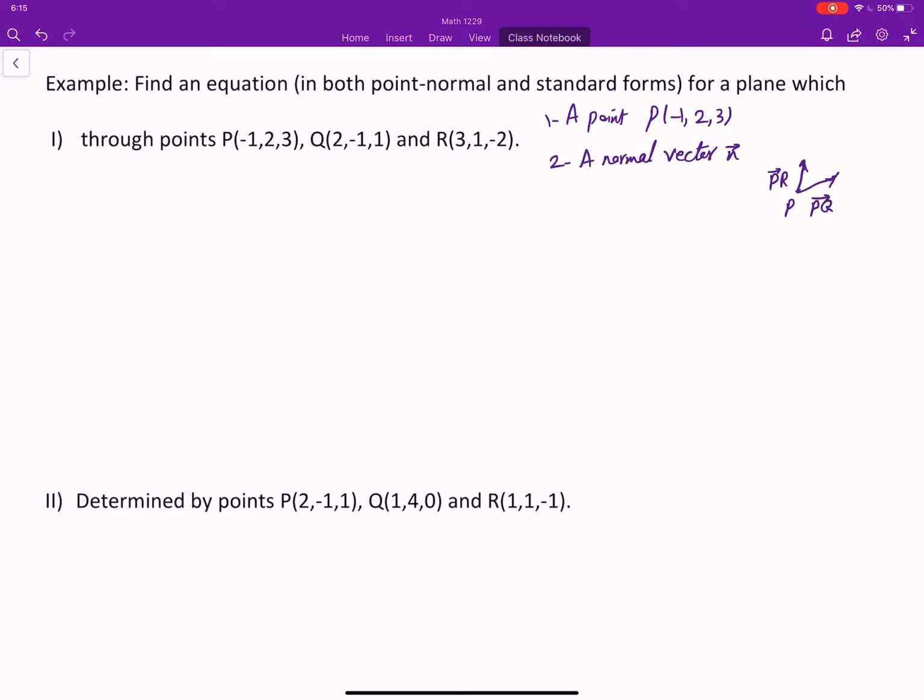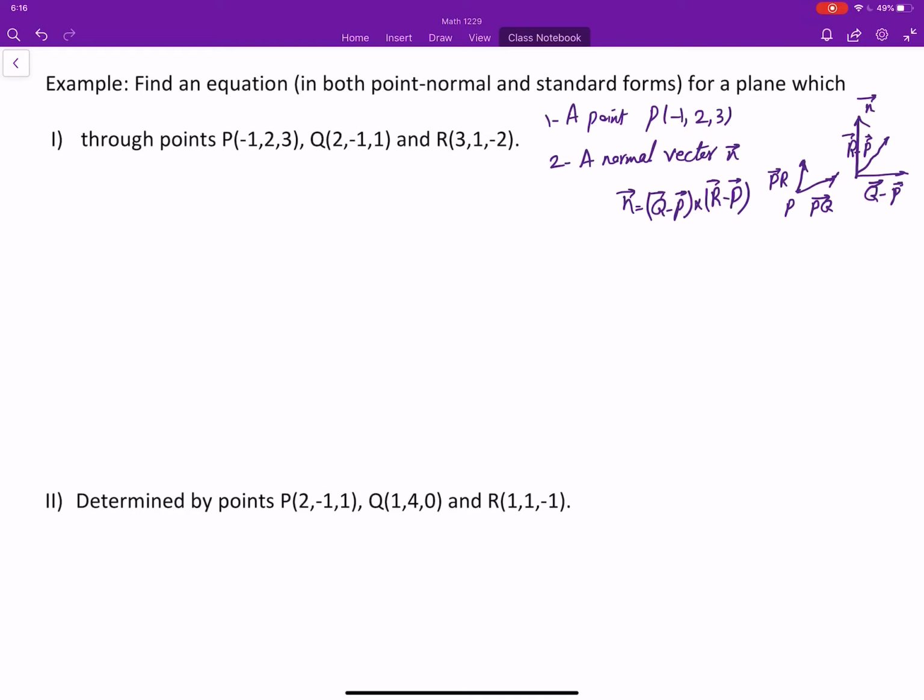Equivalent vectors over there will be Q minus P, and then R minus P. If you cross product these two, you will get a vector which is perpendicular to those ones, and we can use it as a normal vector. So basically the normal vector here can be Q minus P cross R minus P.